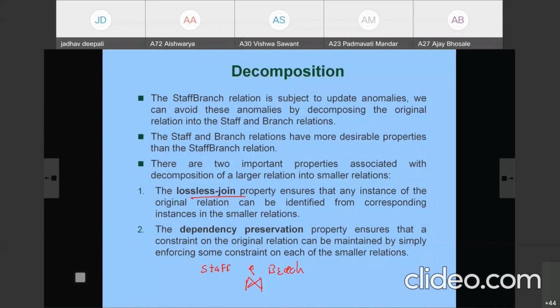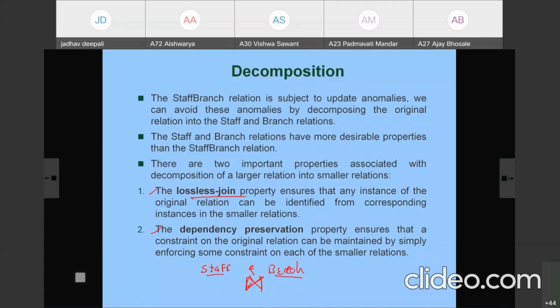See, the decomposition has two properties. Whenever a larger relation is decomposed into smaller relations, it must possess two properties: lossless join decomposition and dependency preservation. Lossless join means whenever we decompose into smaller relations and rejoin them again for some queries or evaluation, it must generate the original relation.